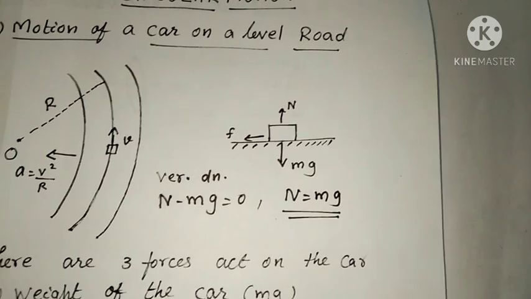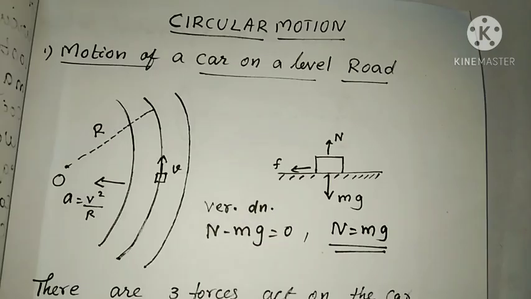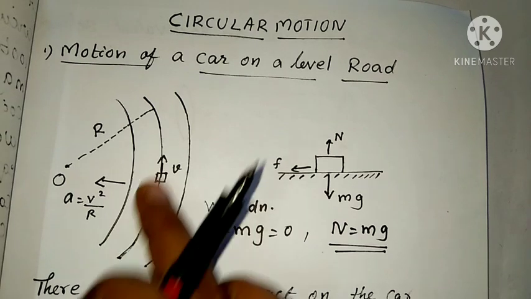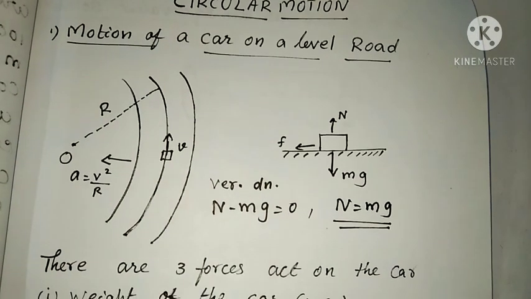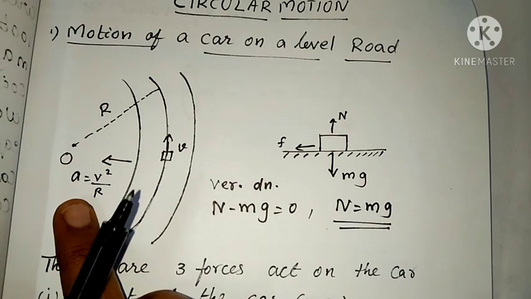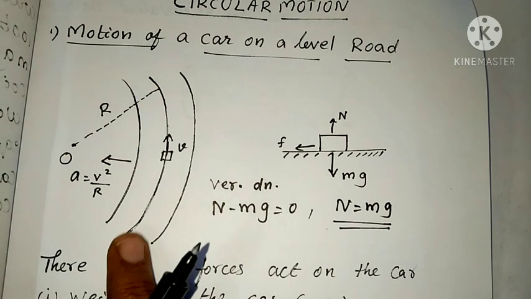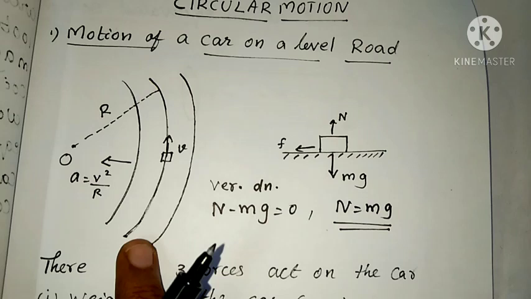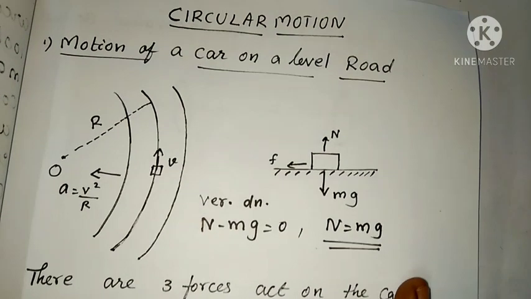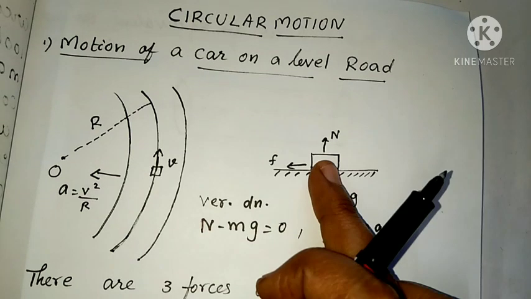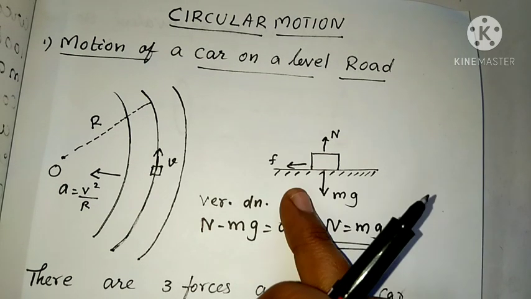If the car is moving on a circular path, then it has a centripetal acceleration, so there is a centripetal force acting towards the center. Where does this centripetal force come from? It is provided by the static friction between the tires of the car and the road.